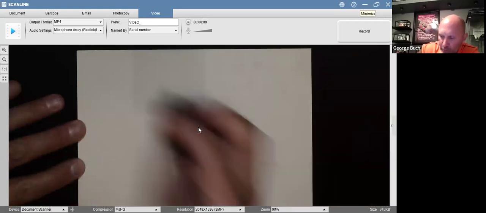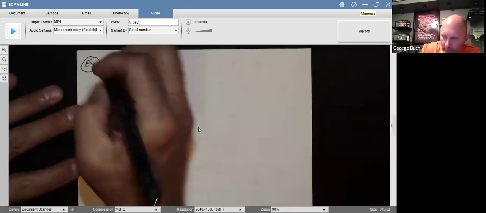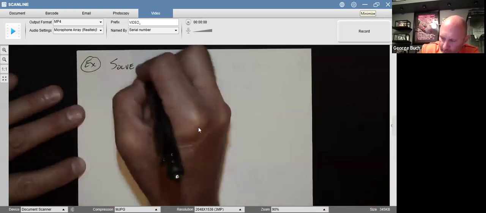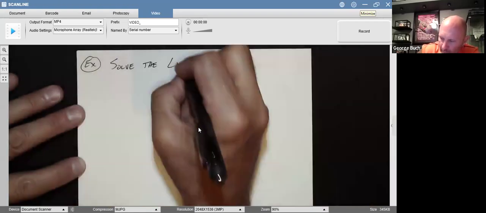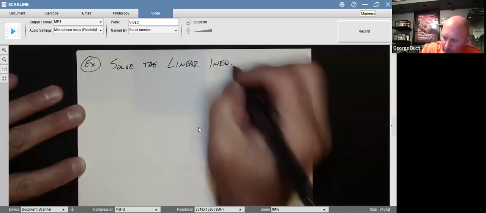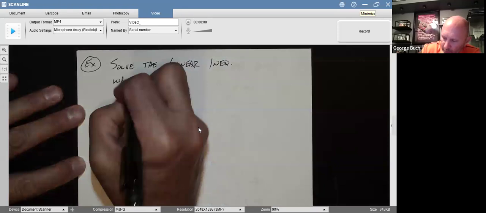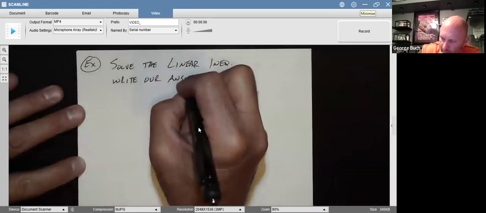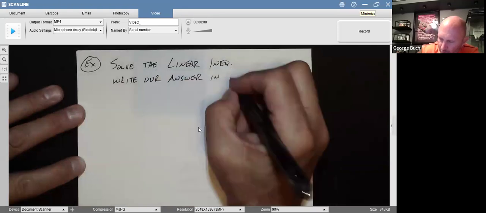So now let's move on to solve the linear inequality. And we want to write our answer in interval notation.